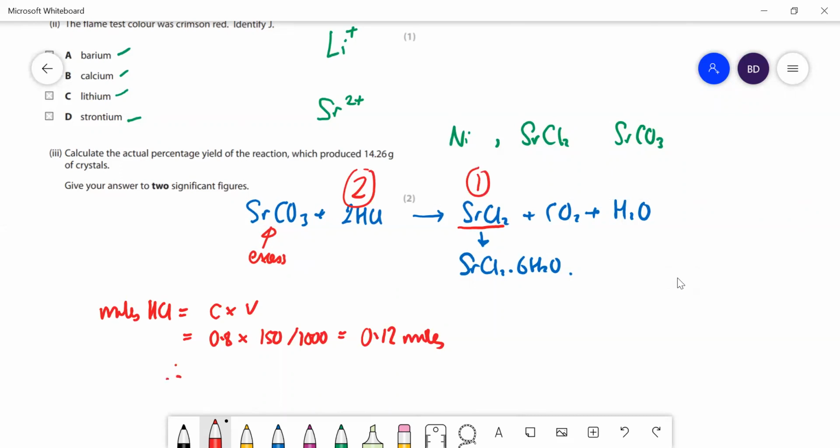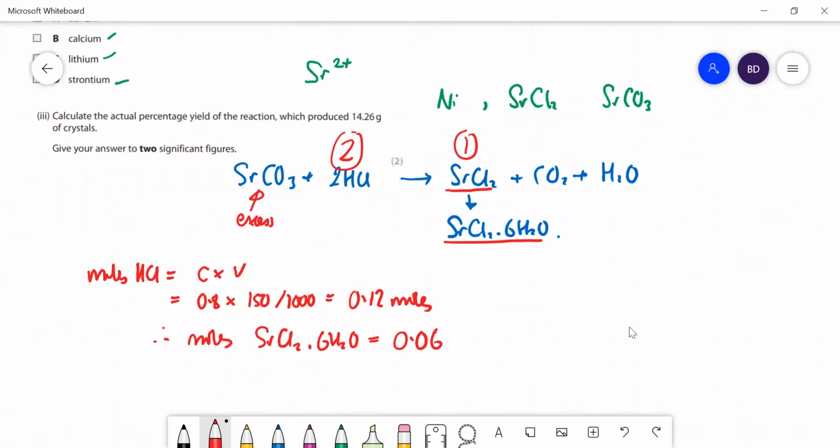So the moles of the hydrated crystals, if we get 100% yield, should be 0.06. So let's work out the mass if 100% yield, or the expected mass, which is equal to the moles multiplied by the MR of the hydrated crystals. Now let's work that out. Strontium in your periodic table has a mass of 87.6.